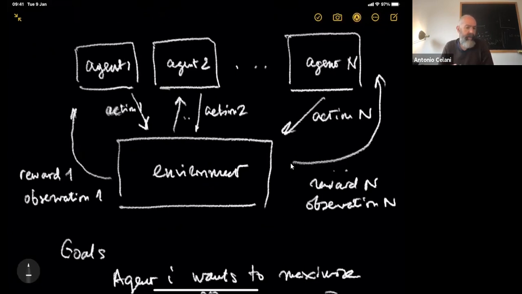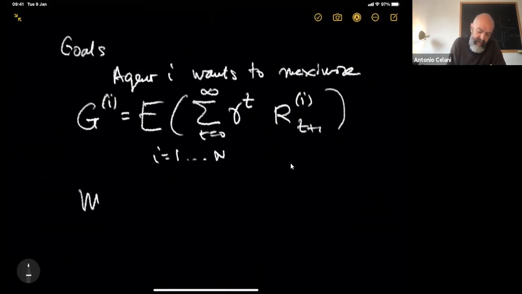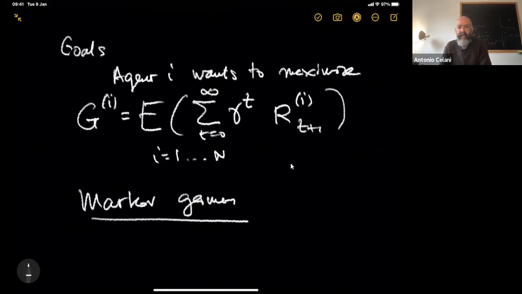But now, as we did for single-agent reinforcement learning, we have to turn this diagram into some specific mathematical formulation. So, a common language to describe these kind of problems is what goes under the name of Markov Games. Okay, so we will spend a second here to describe formally what Markov Games are.